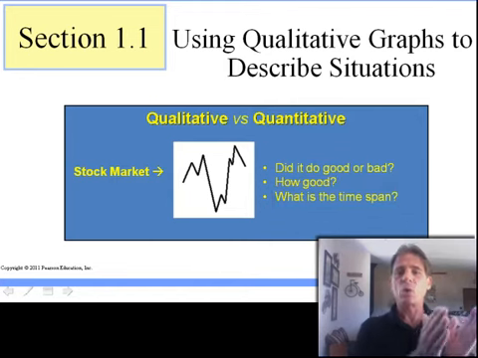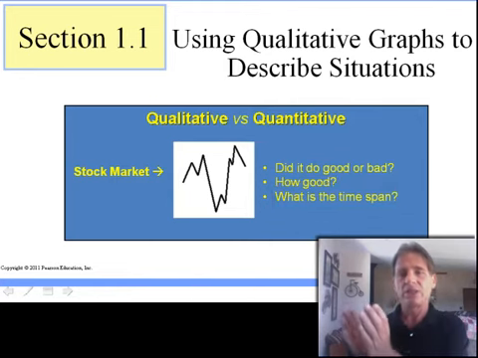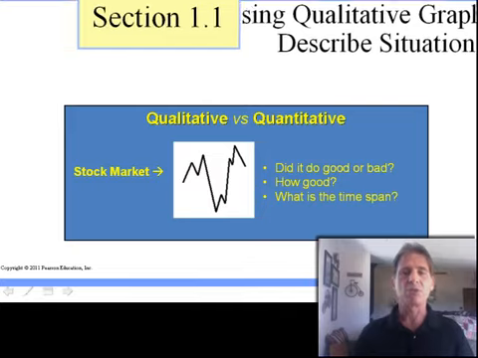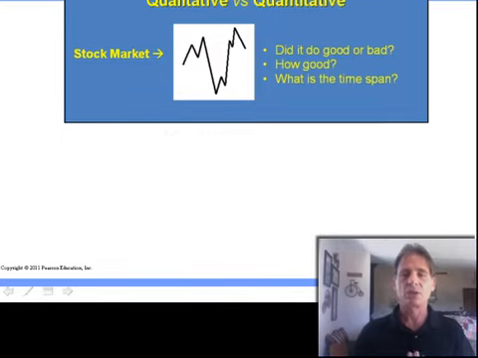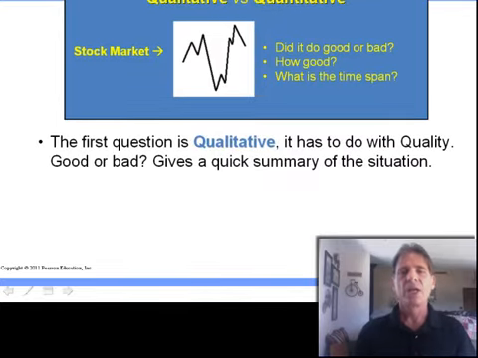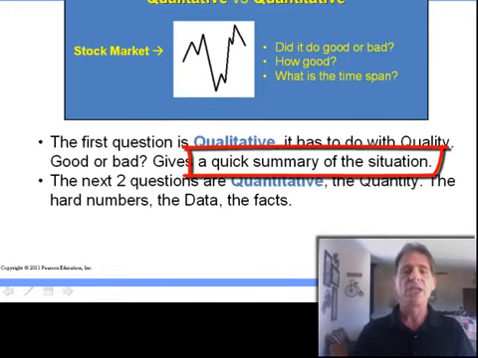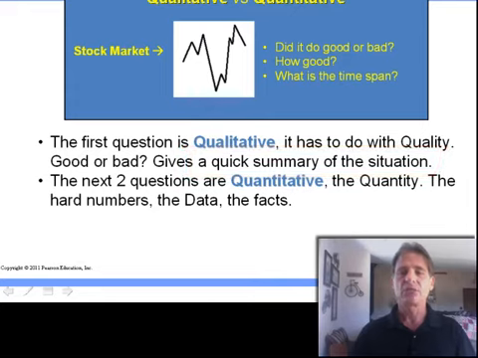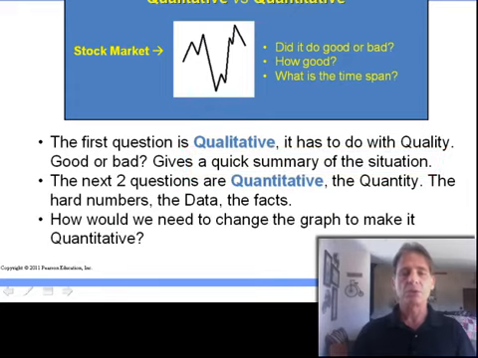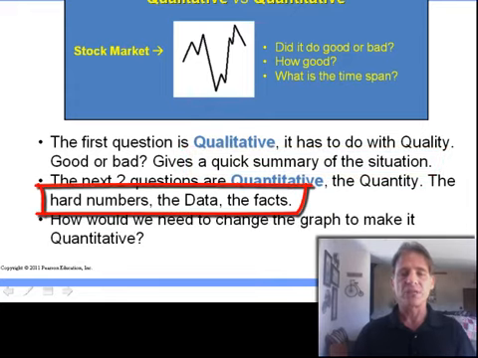So you can see that qualitative has to do with quality, and quantitative has to do with quantity, or hard numbers, the facts. In summary, qualitative has to do with a quick summary of a situation. With the quantitative graph, you will be able to talk about hard numbers, the data, the facts.